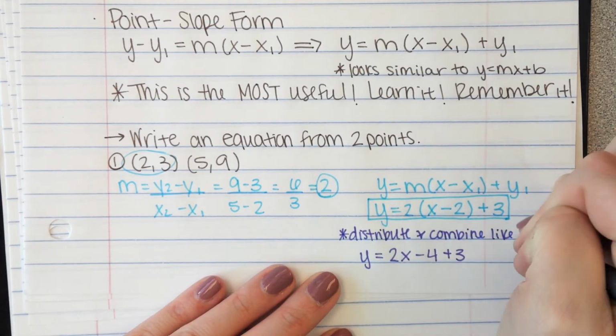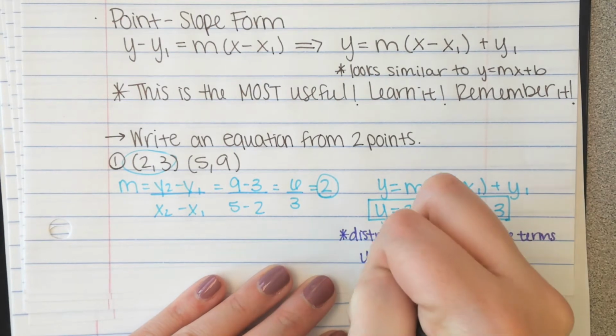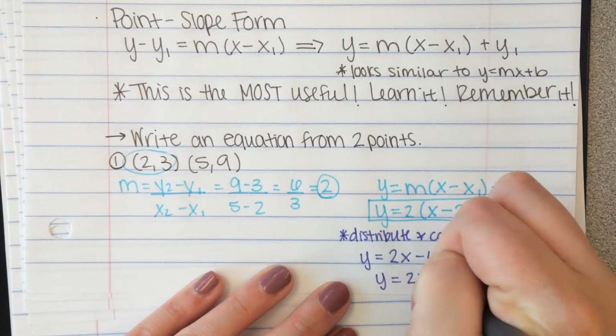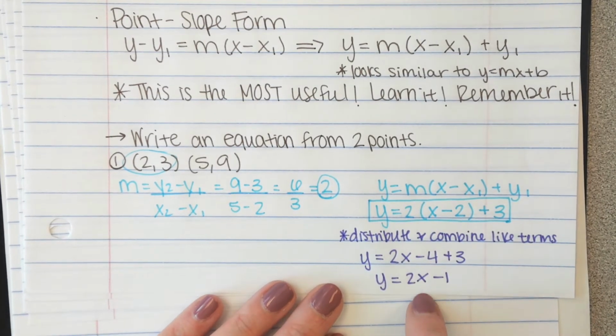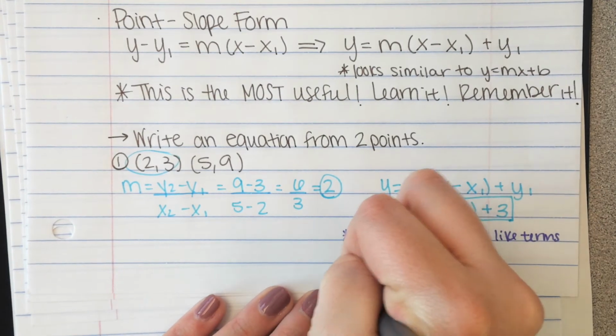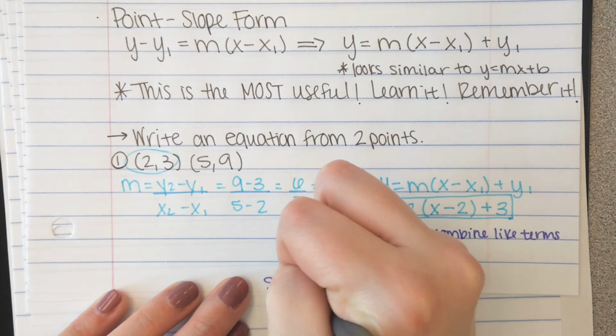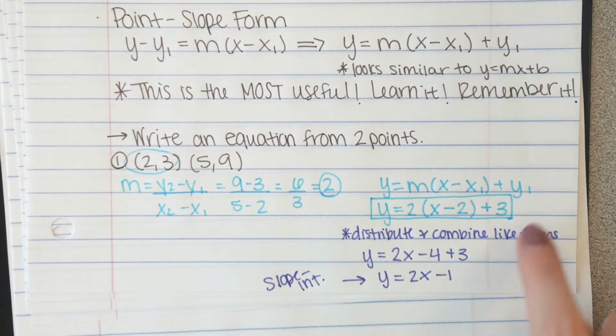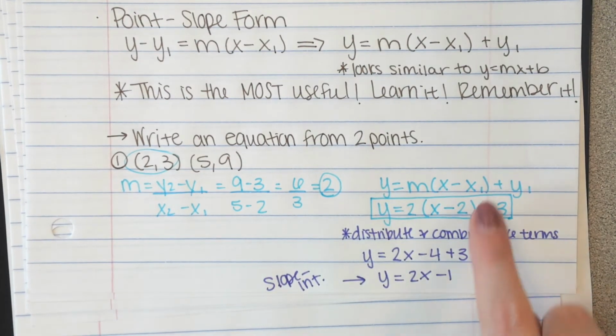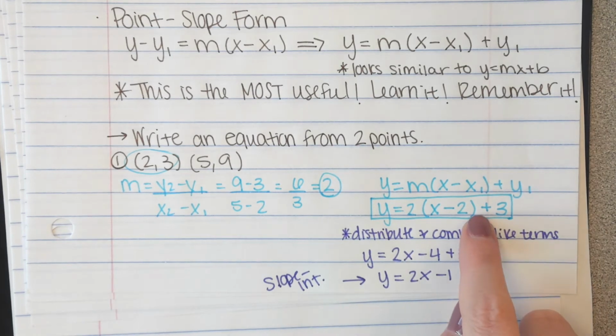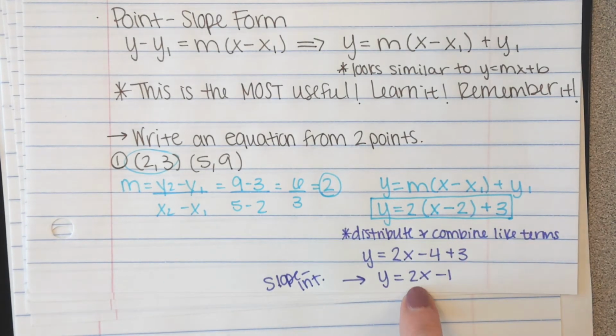Combine, I guess I should add like terms. So it's y equals 2x minus 1. And so that is the slope-intercept form. Okay, same equations, equivalent equations. This is point-slope. This is slope-intercept.